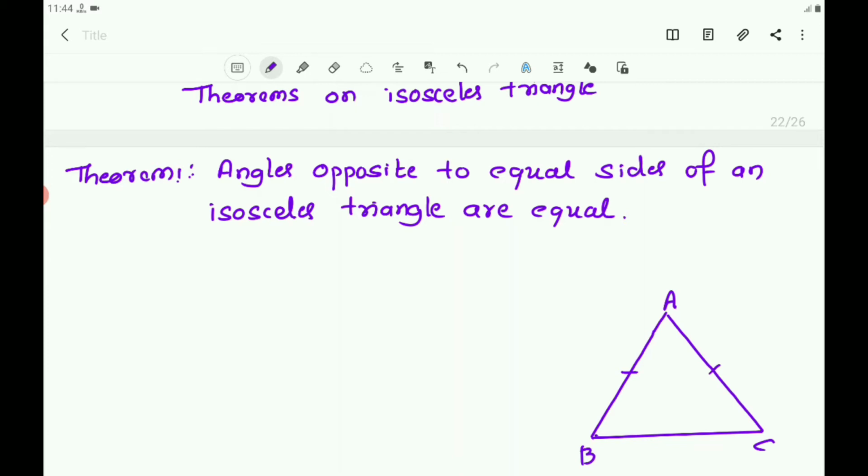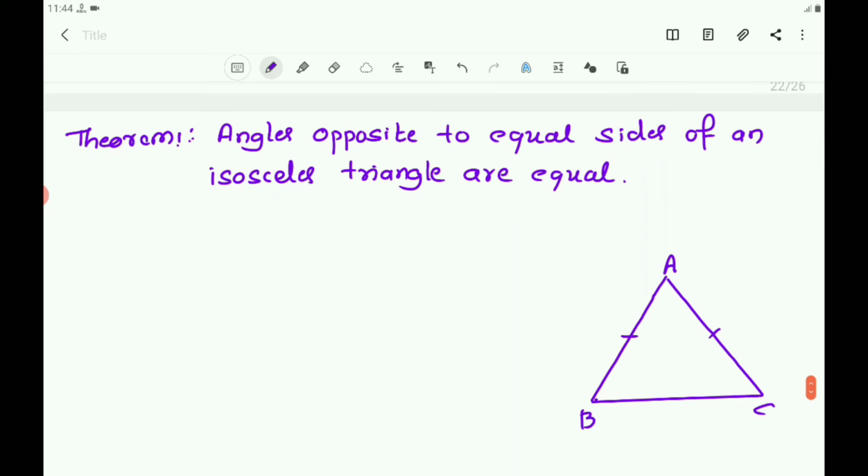Theorem number 1. What is the statement of this theorem? Angles opposite to equal sides of an isosceles triangle are equal. Now consider one isosceles triangle ABC, in which two sides are equal. Which sides are equal here?